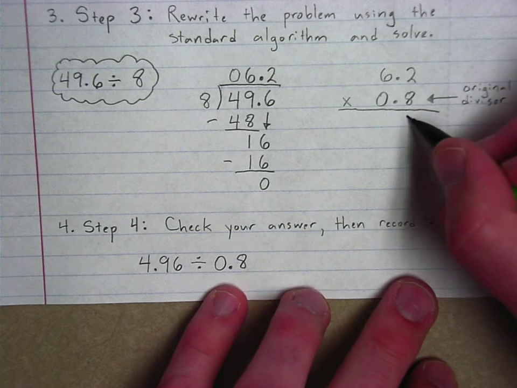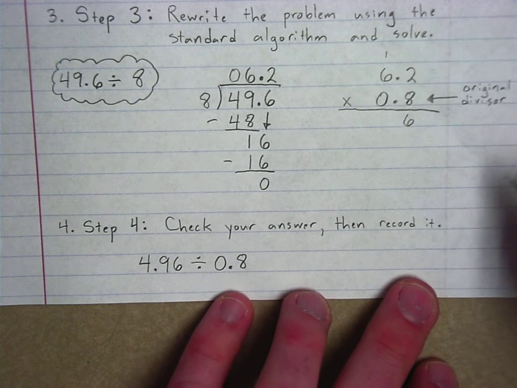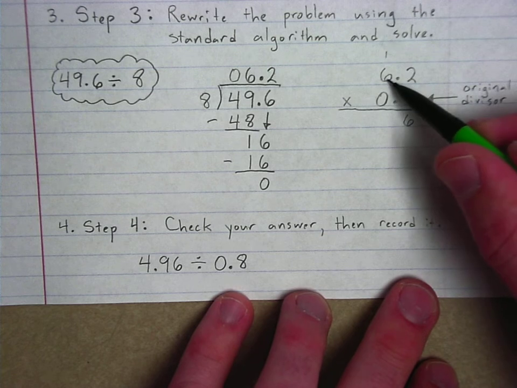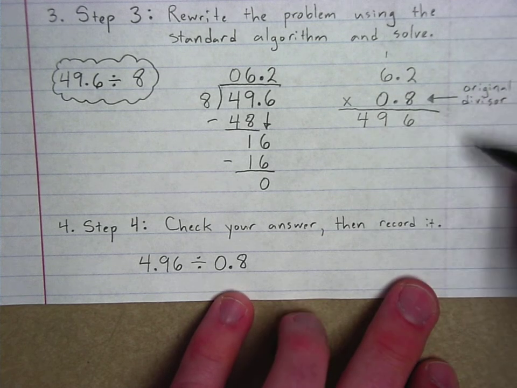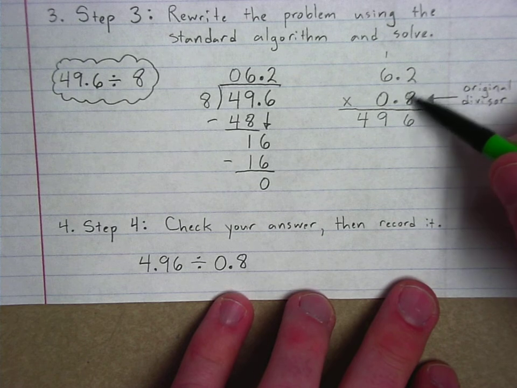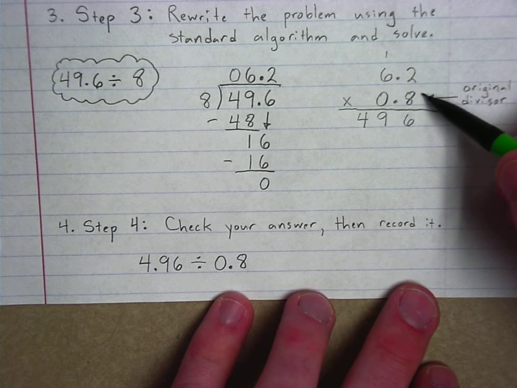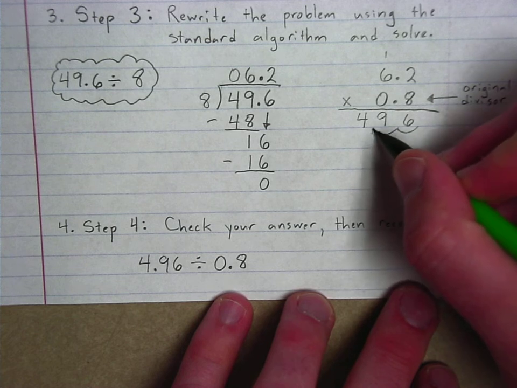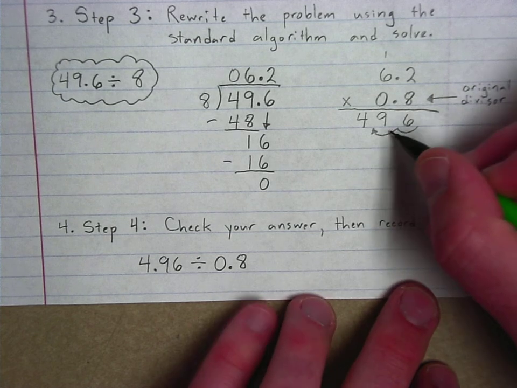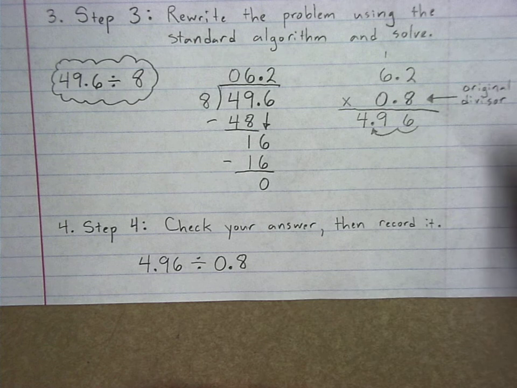8 times 2 is 16, carry the 1. 8 times 6 is 48, plus 1 is 49. Now, 1, 2 decimal places, 1, 2 decimal places down below. We start at the far right, we bounce over to the left.